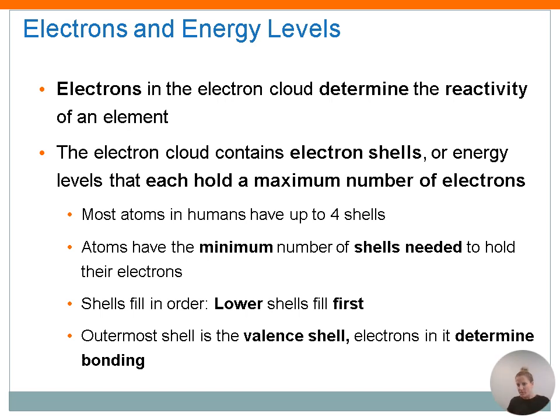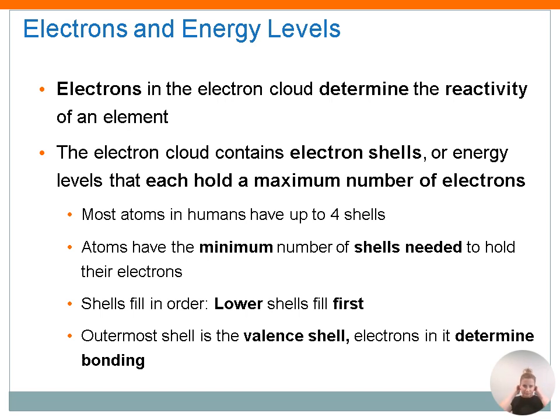Do they push away from each other? What happens when you put two atoms together is based on its electrons. So the electrons in the electron cloud determine the reactivity of an element. Again, reactivity is just like behavior, right? It's going to tell us what that atom is going to do. How is it going to behave?